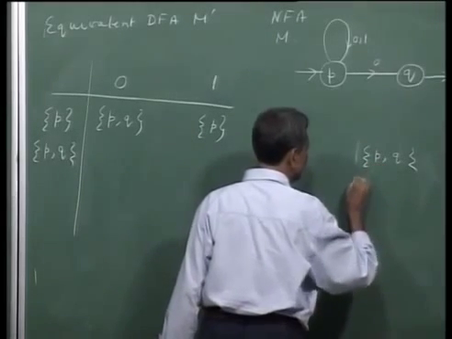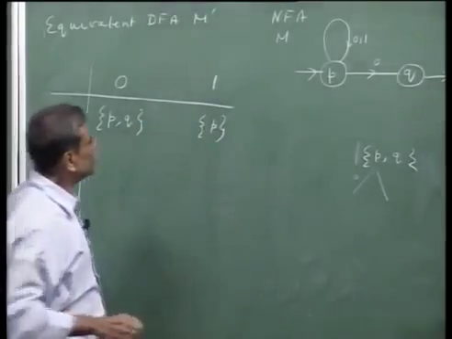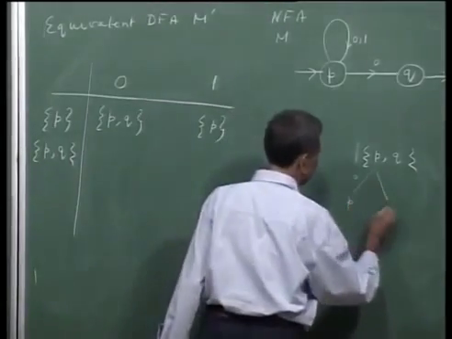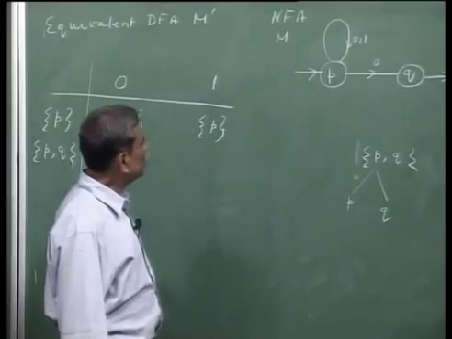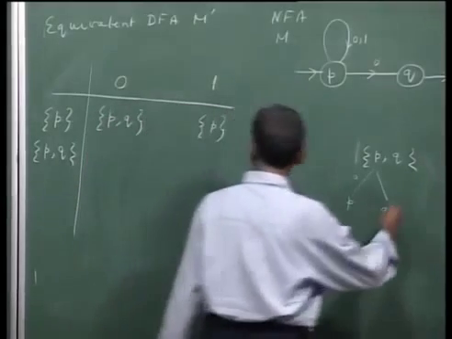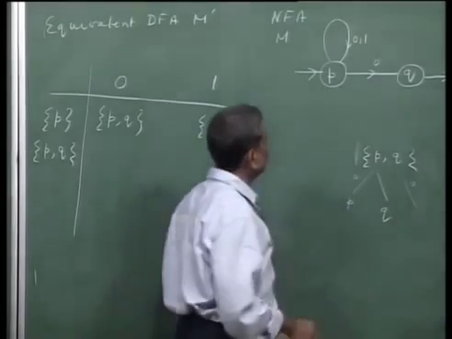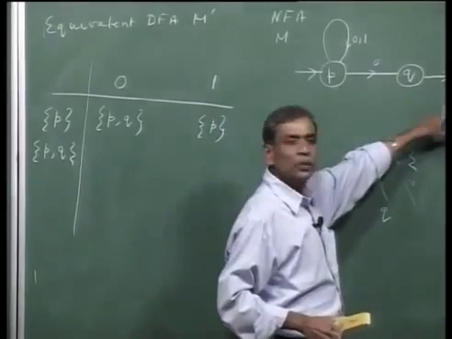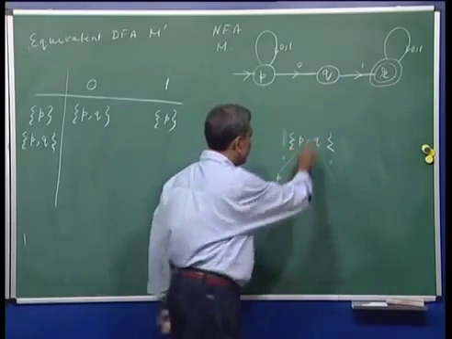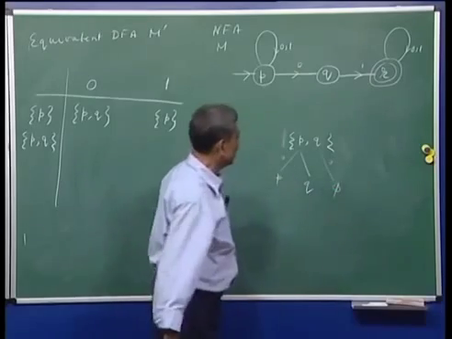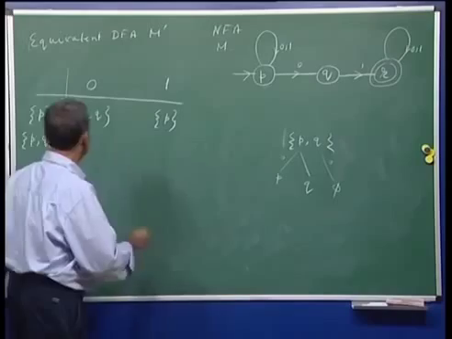From P on 0, the NFA can go to either P or Q, and from Q on 0, no transition is defined. So from Q on 0, the NFA goes to the empty set. So take the union of all the states, and that is PQ.